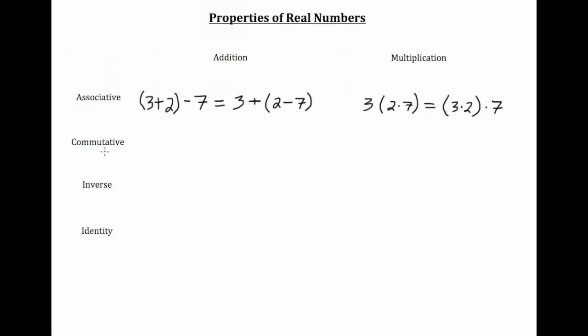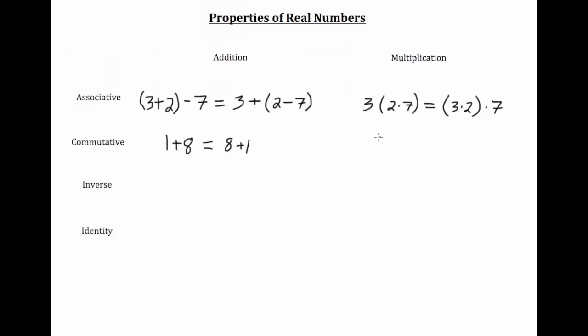Now, an example of the commutative property, in addition, we could use 1 plus 8. Now 1 plus 8 under the commutative property is the same exact thing as 8 plus 1. Now obviously 1 plus 8 is 9 and 8 plus 1 is 9. So under the commutative property, these two are the exact same thing.